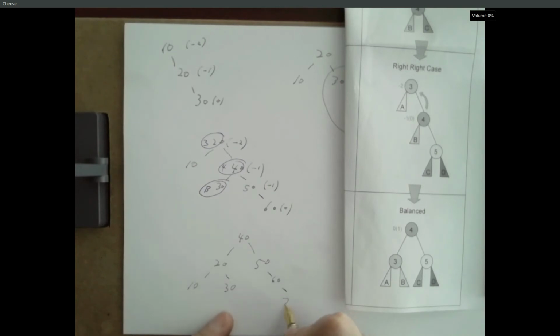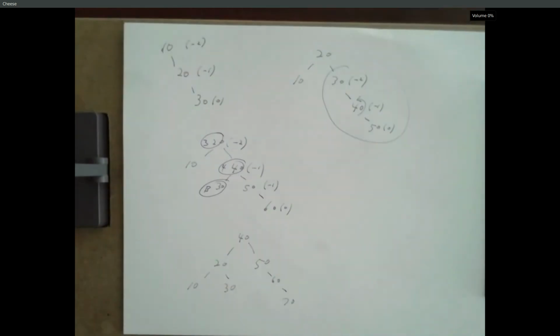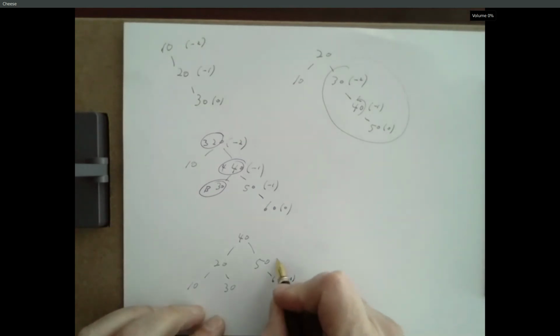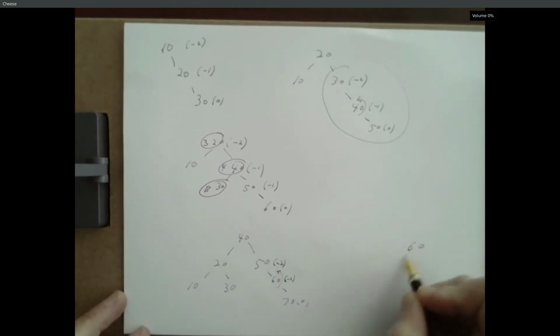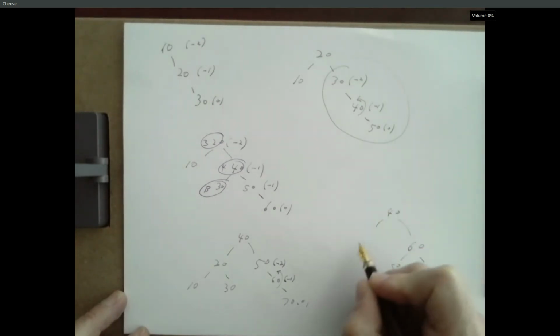And we can add one more. Put in a 70. And now our unbalance is right here at the 50, so we're going to rotate around the 60. And we'll end up with 60, 50, 70, and the rest of the tree is unchanged. And that's like the most balanced tree you could hope for.